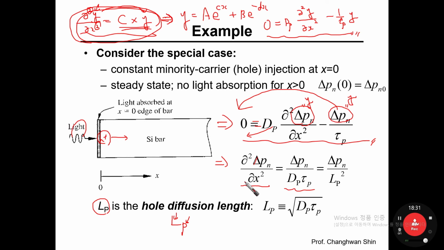So let's define the hole diffusion length L sub p as the square root of D_p times tau p. So 1 over D_p times tau p is defined as 1 over L_p squared. Now let's solve this equation.